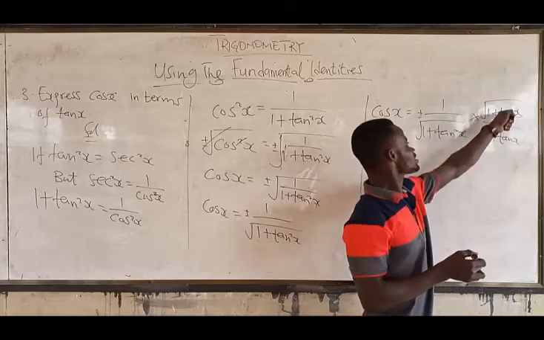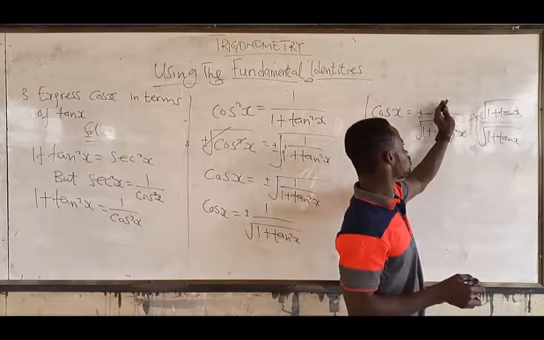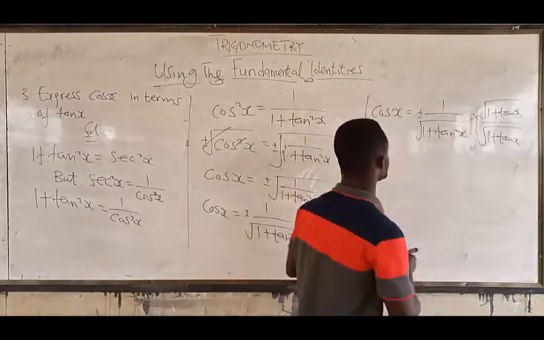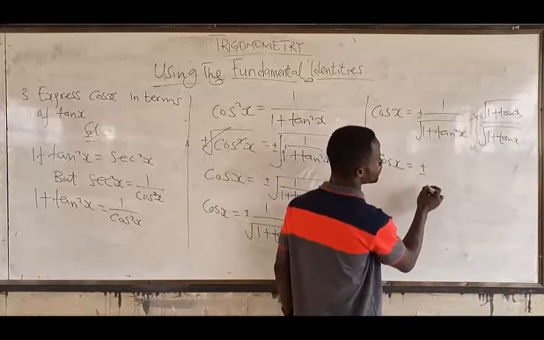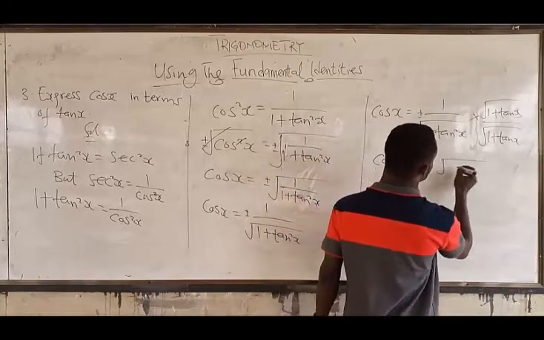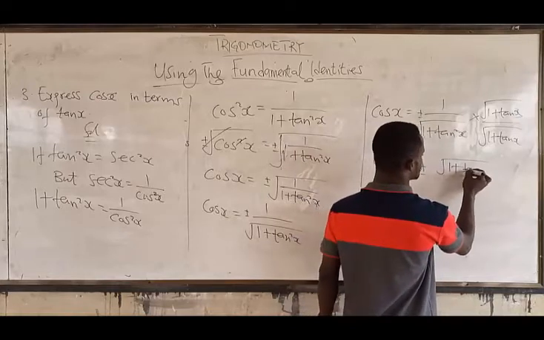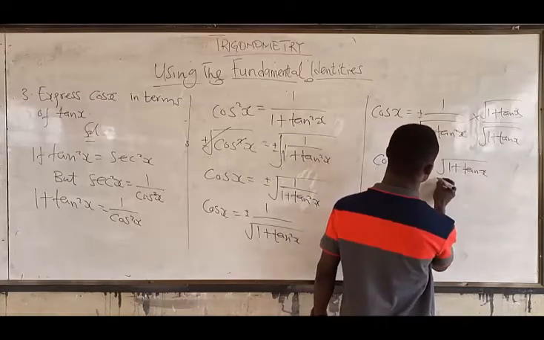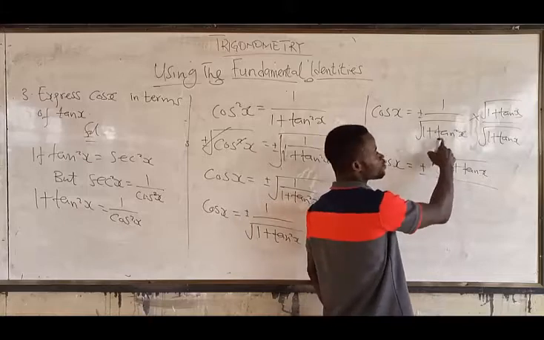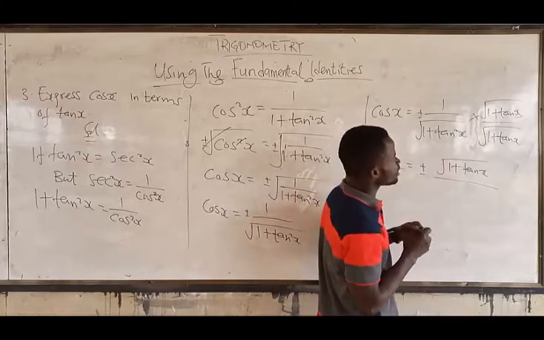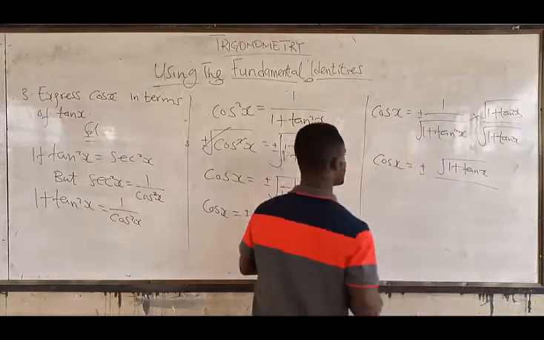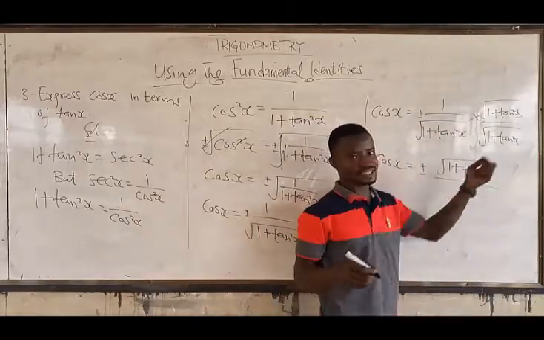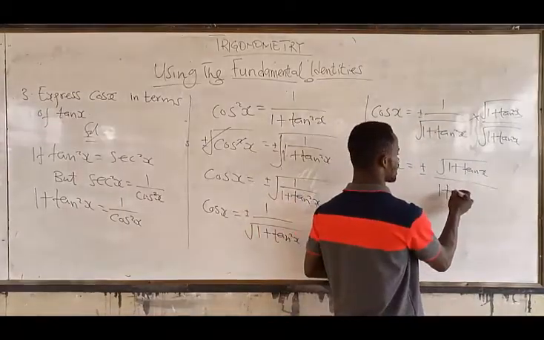You know this cancels this, so multiplying 1 by the whole of this is the same thing, so this doesn't change anything. We are going to get square root of 1 plus tan x over... when this multiplies this, bear in mind that the inside are the same, so you are going to get 1 plus.